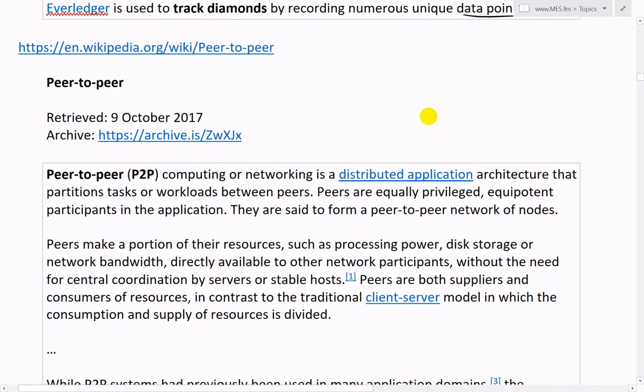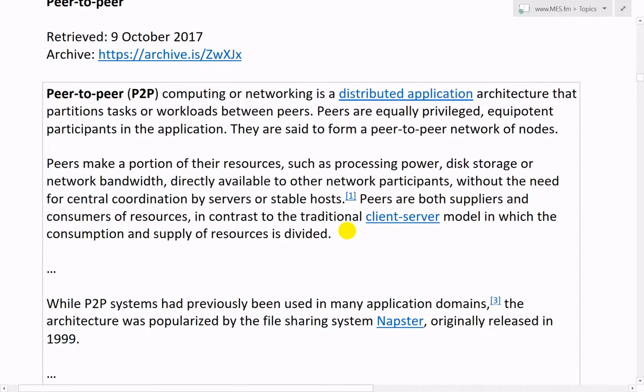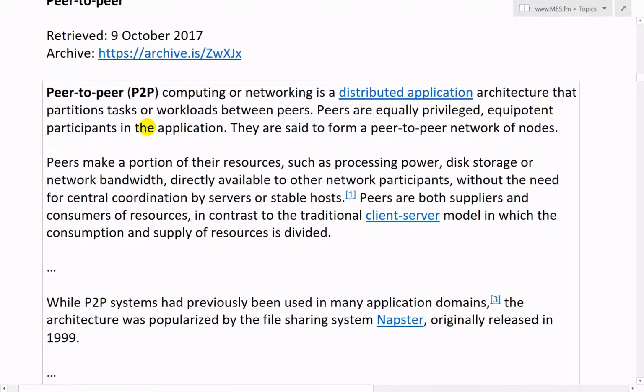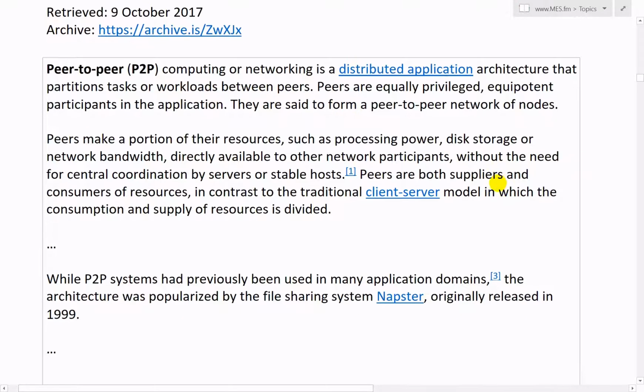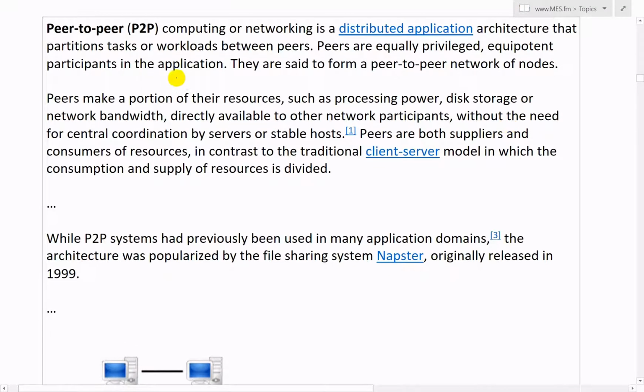And now let's look at peer-to-peer. Peer-to-peer or P2P computing or networking is a distributed application architecture that partitions or divides tasks or workloads between peers. Peers are equally privileged and equipotent, or equal in strength or potential. Participants in the application are said to form a peer-to-peer network of nodes.